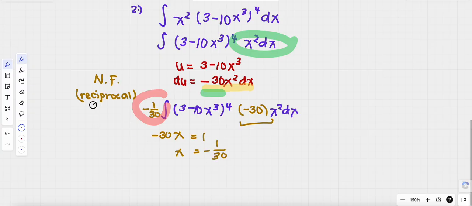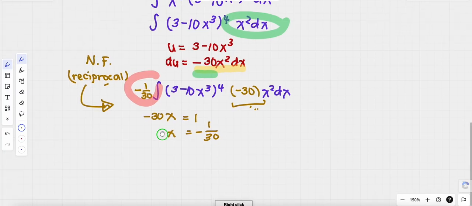That's how we get this neutralizing factor. Just bear in mind, whatever value you multiply here, the neutralizing factor will be the reciprocal.